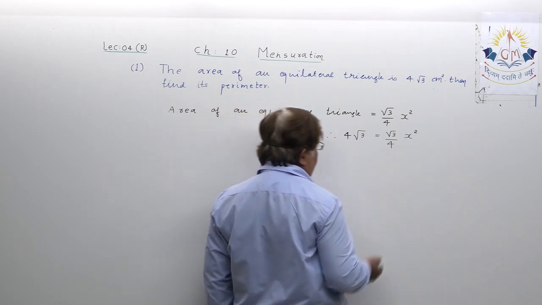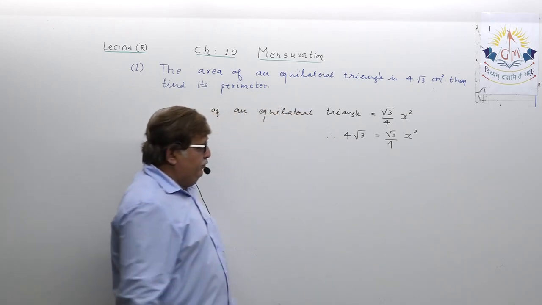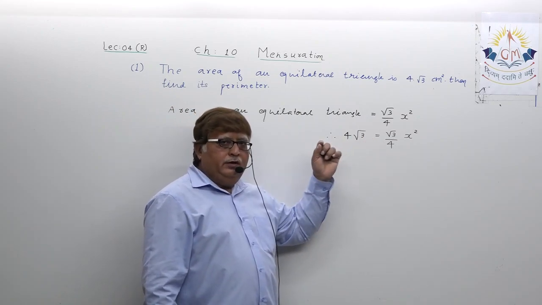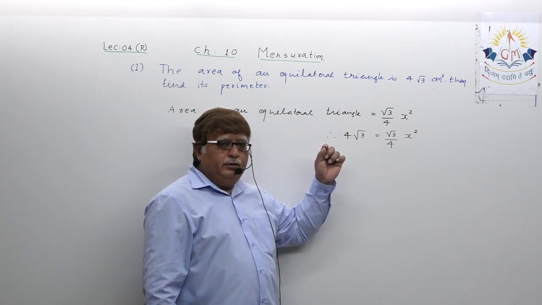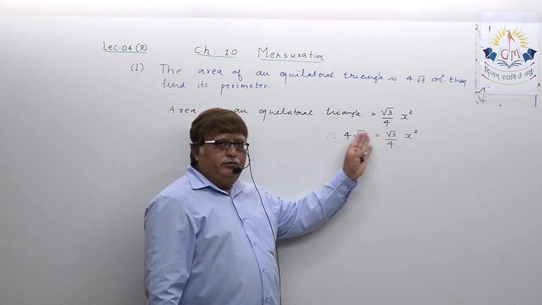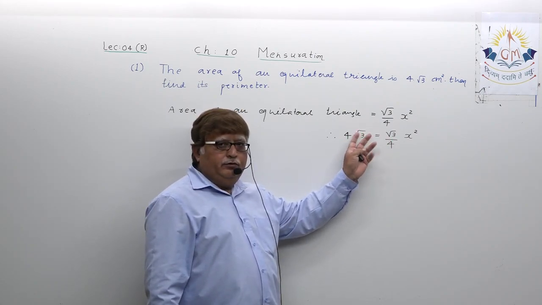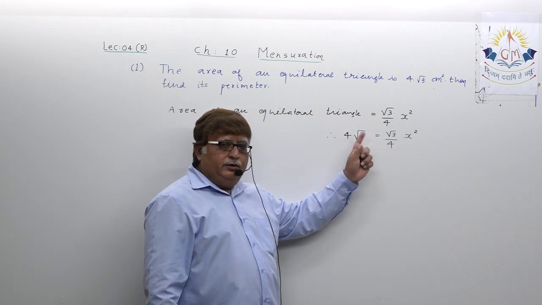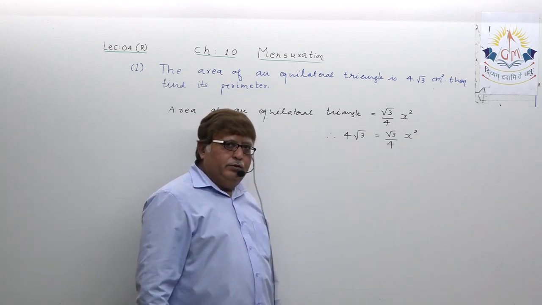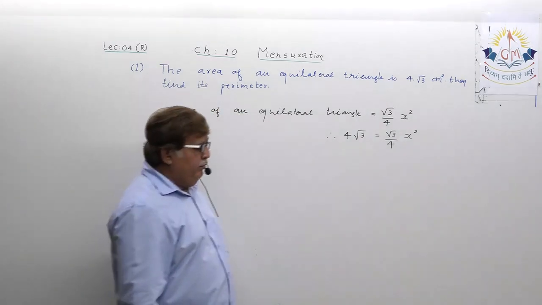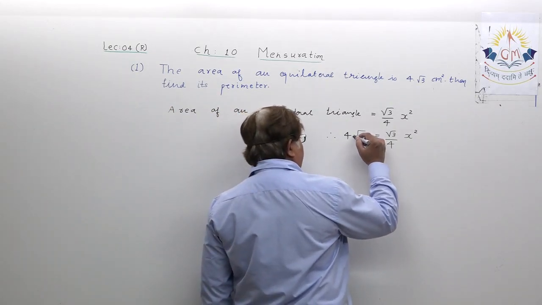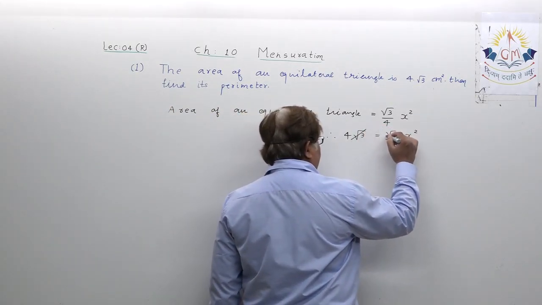And one more basic of maths, dear student, you need to be strong about. You can cancel similar terms on both sides of the equal to sign, but numerator to numerator, denominator to denominator. You understood this? So let us cancel under root 3.